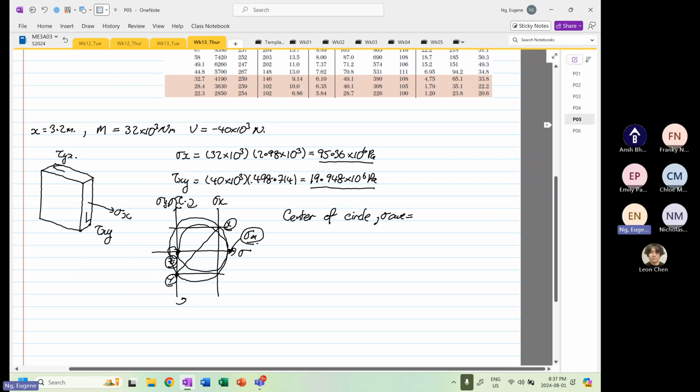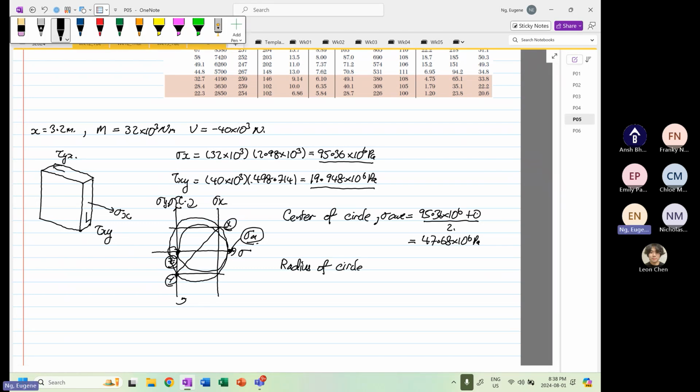So this is equal to 95.36 plus 0, divided by 2, so 95.36 is equal to 47.68. And then we calculate the radius of the circle.